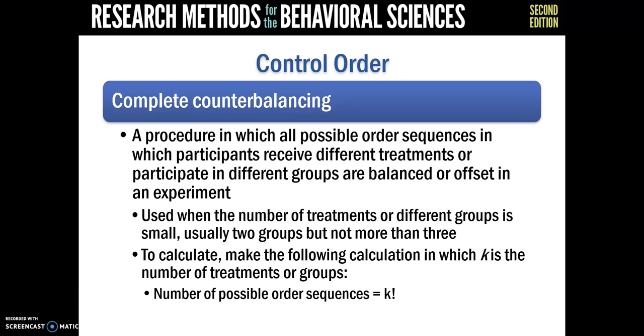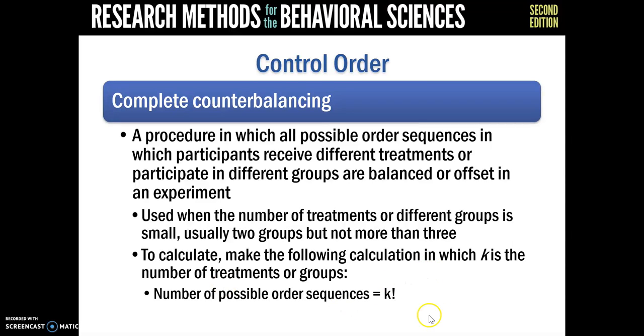There's a couple of types of counterbalancing. One is the complete one, which is based on the number of groups that you have. Let's say you have 3 groups: 1 control group and 2 treatment groups, so you have a total of 3 groups. What you want to do is calculate all the possible outcomes from those 3 groups.